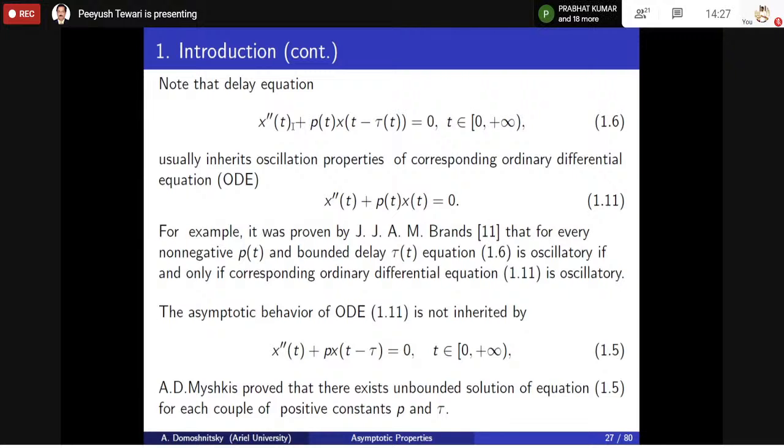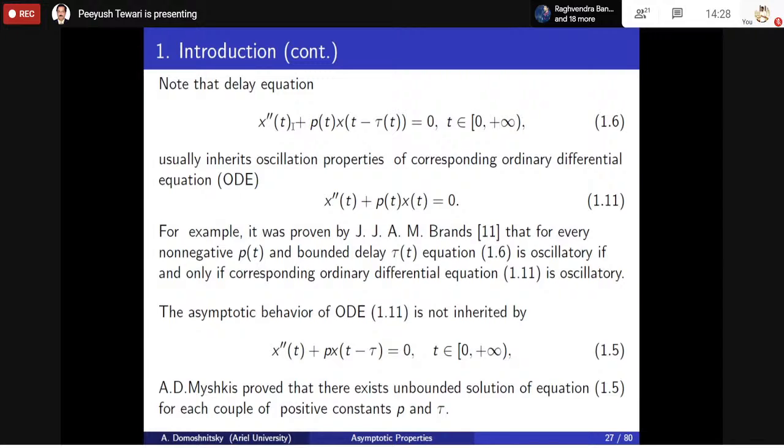The Dutch mathematician Brans obtained that for every non-negative p of t and bounded delay, equation 1.6 is oscillatory. It means that all solutions of this equation are oscillating if and only if the ordinary differential equation is oscillatory.